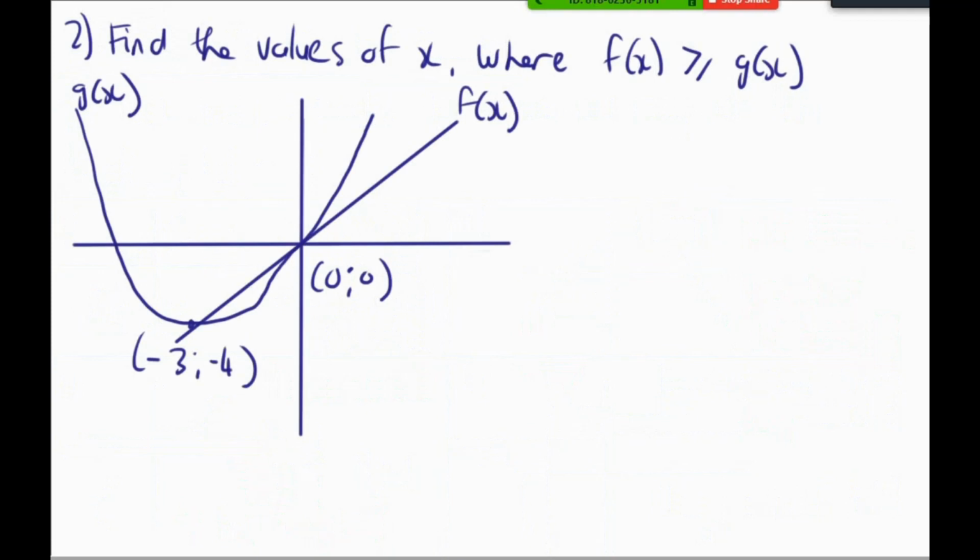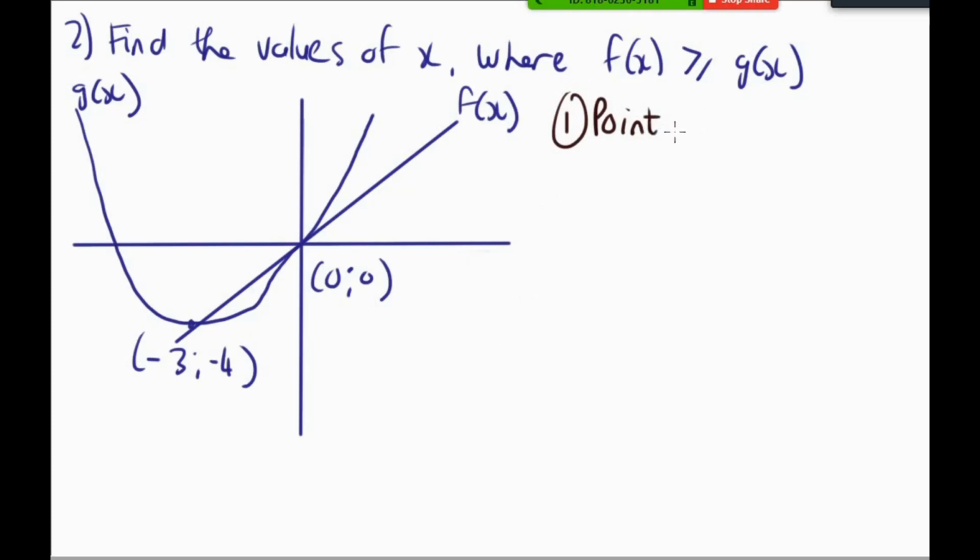Okay, another question that they can ask us when it comes to our advanced questions for functions is to find the values of x for where f(x) is greater than or equal to g(x). So the first thing to identify is you have to have the points of interception, right? So number 1 is you have to have your points of interception.